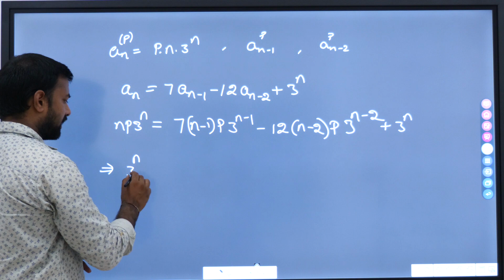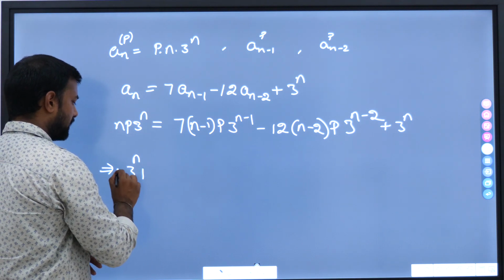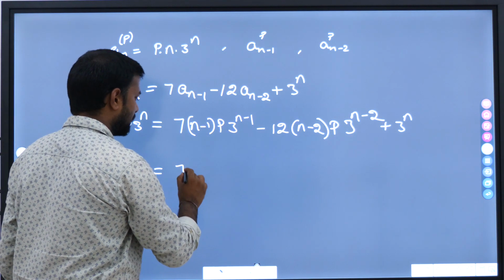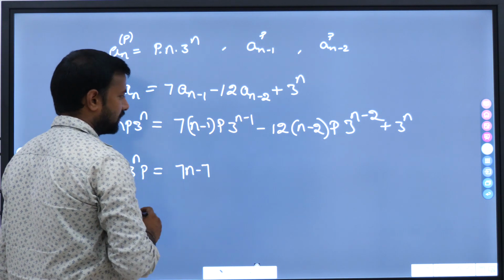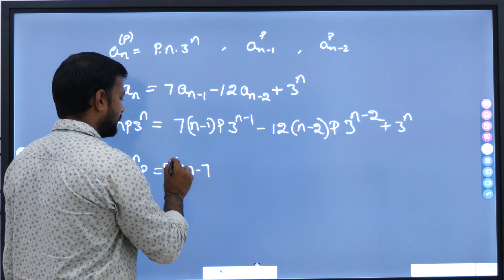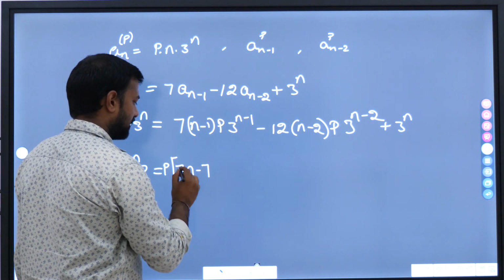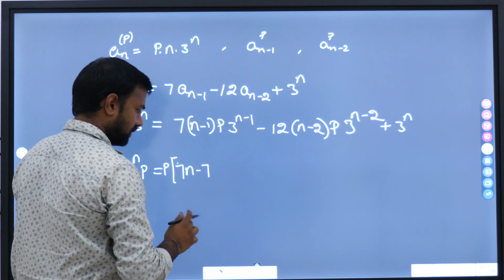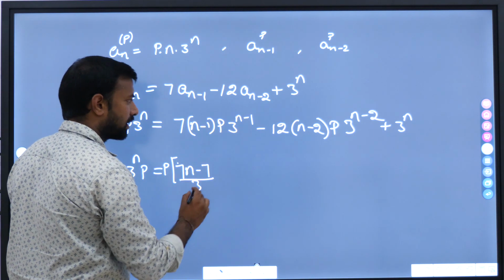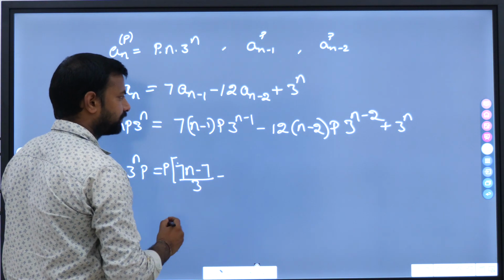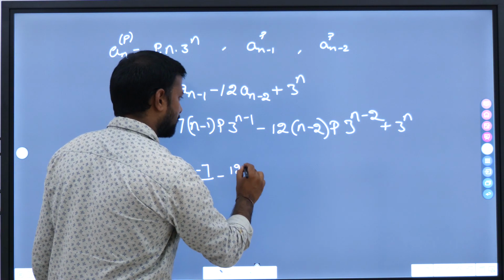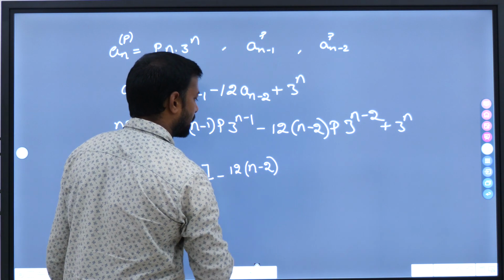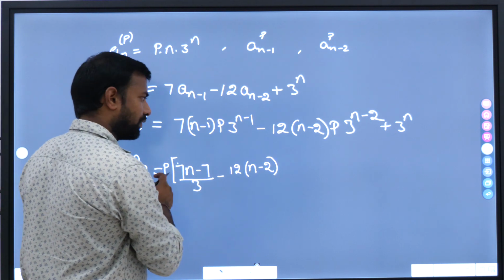So 3 power n, n into 3 power n into p equals, on the other side what we have, (7n minus 7) into p, and here you can take 3 power n common, so that you will have divided by 3, minus 12 into (n minus 2) into p, anyway we have taken out.